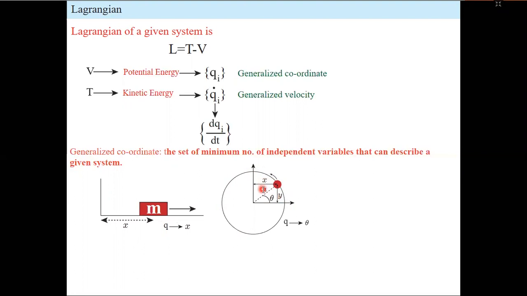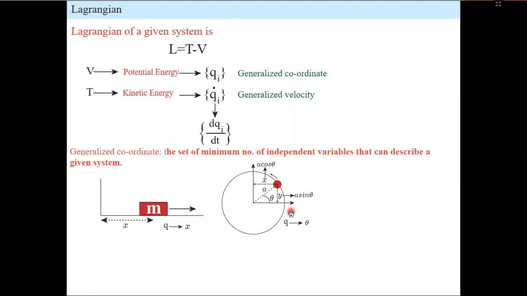I can write x as a cos theta, y as a sin theta. Since a is constant, x and y can both be expressed only in terms of theta, and theta is an independent variable. So the motion of this entire object can be expressed by only theta. So theta is our generalized coordinate.